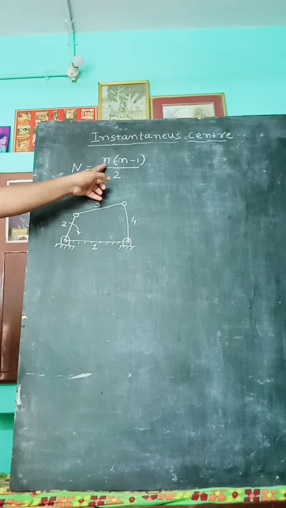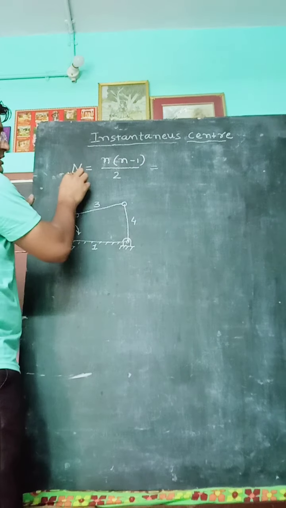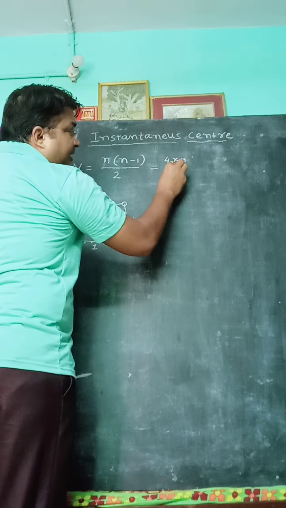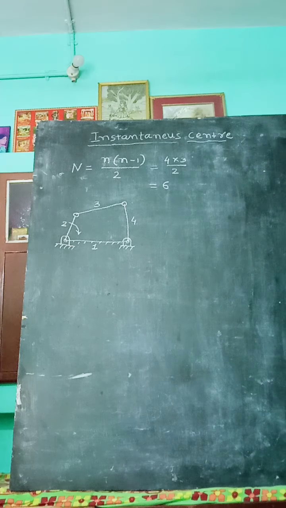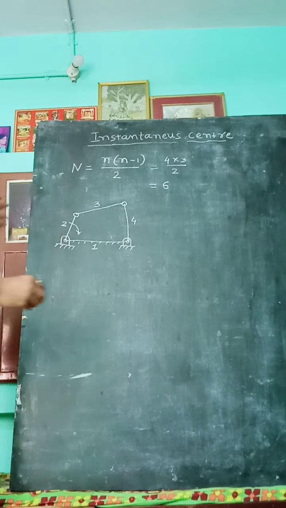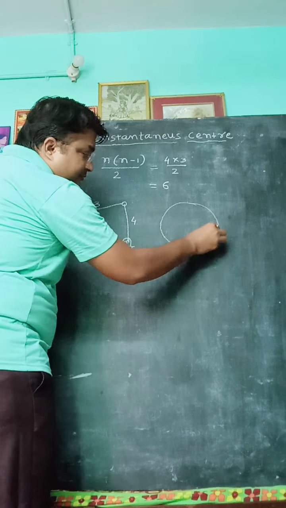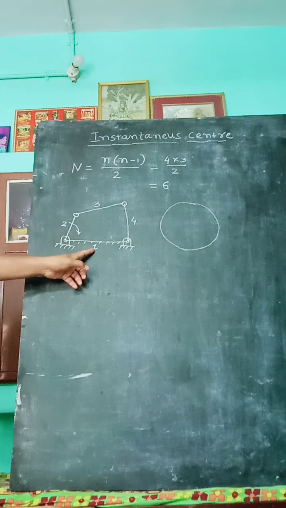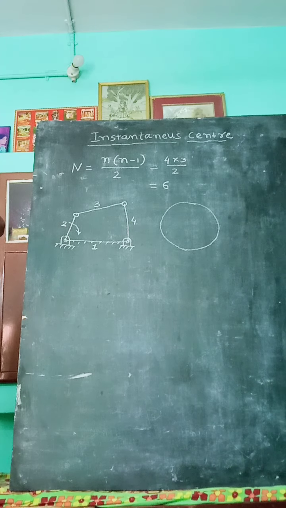Now there are 4 links, so the number of instantaneous centers is equal to 4 multiplied by 3 divided by 2, which is equal to 6 instantaneous centers. Okay, so for that, draw a circle and with the help of 4 entities, which geometrical shape can be prepared?